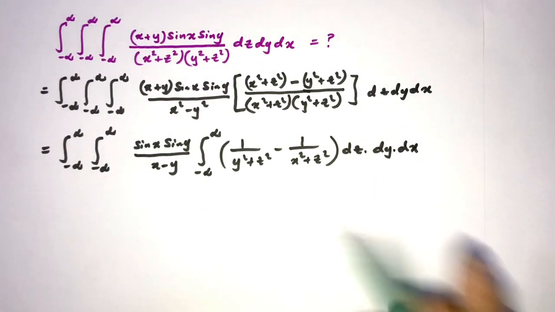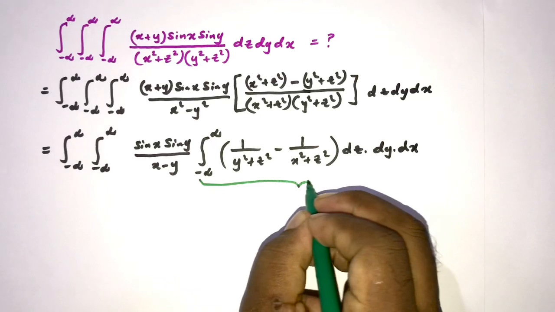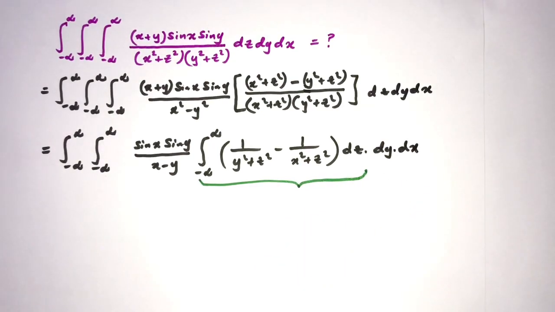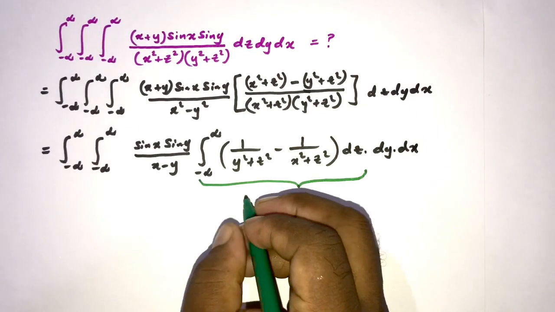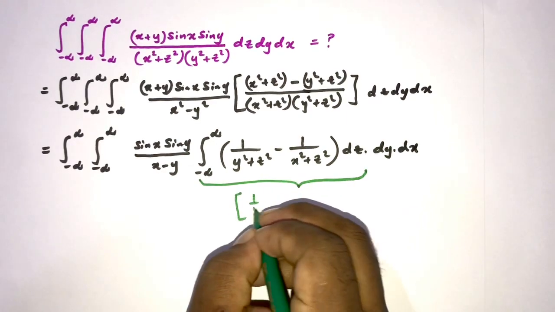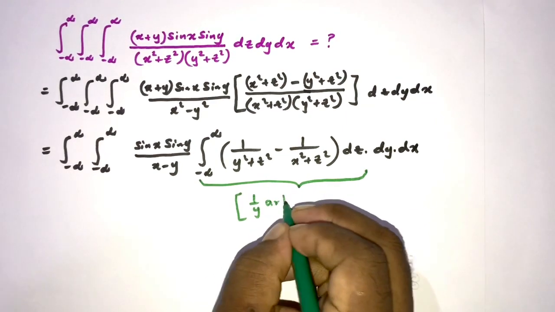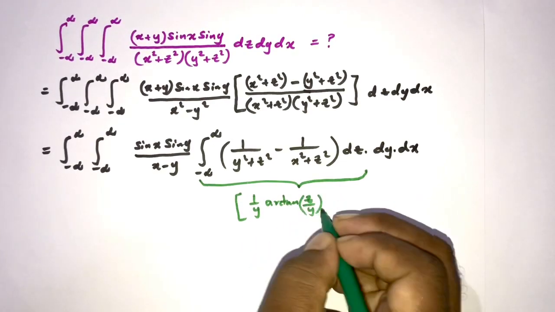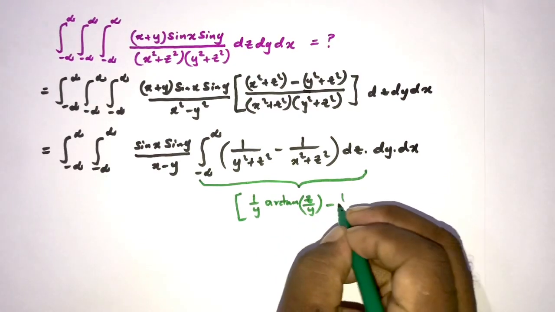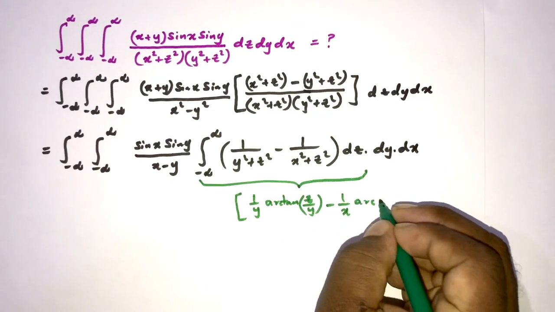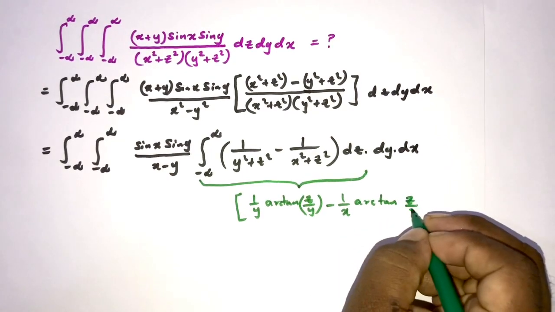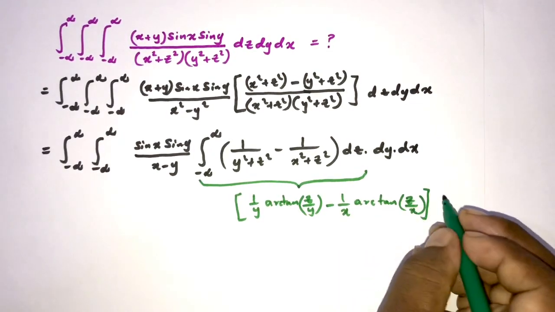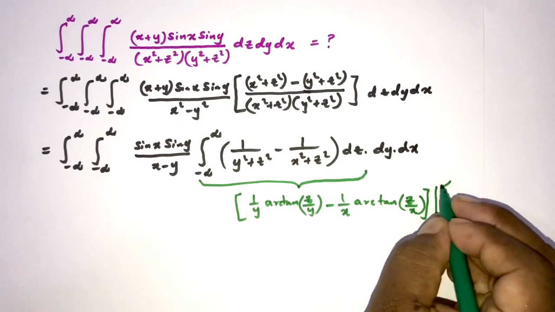Okay, then we are going to evaluate this integral. We know this is a simple integral because of arctan, so we can write this is equal to 1 over y arctan of z over y minus 1 over x arctan of z over x, from limit minus infinity to infinity.